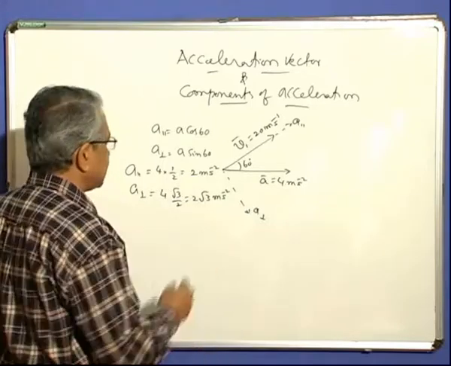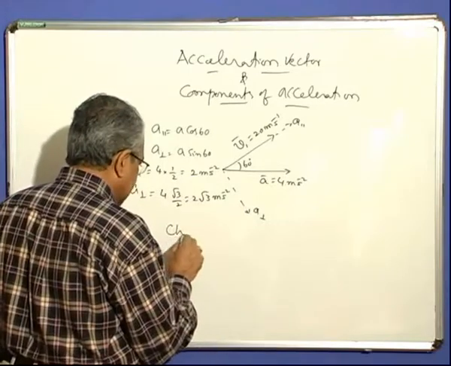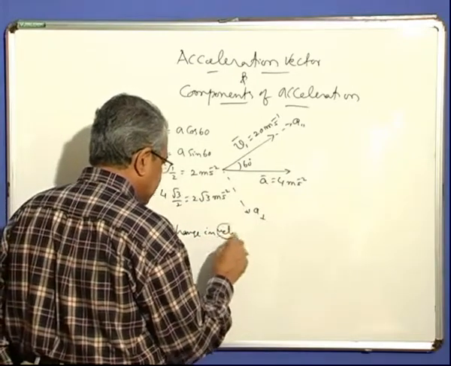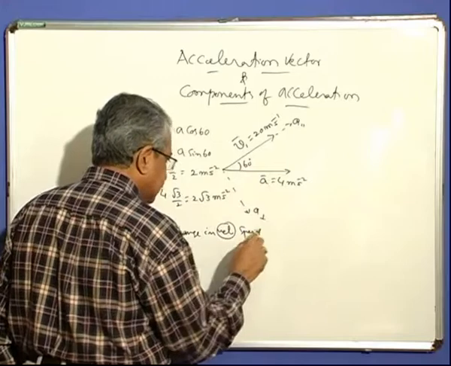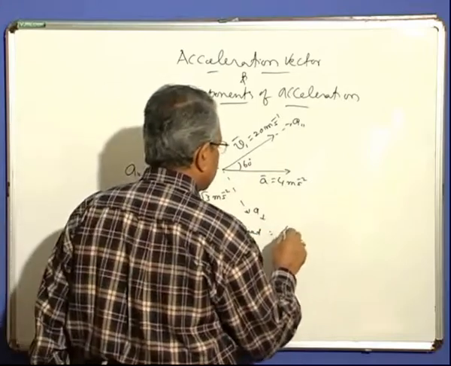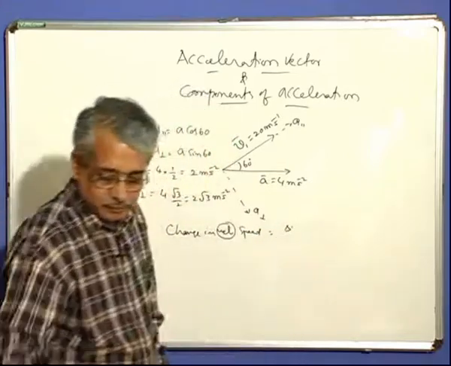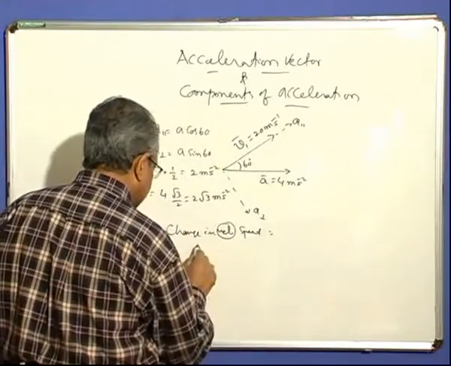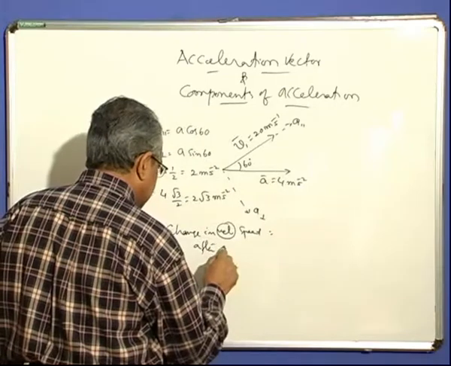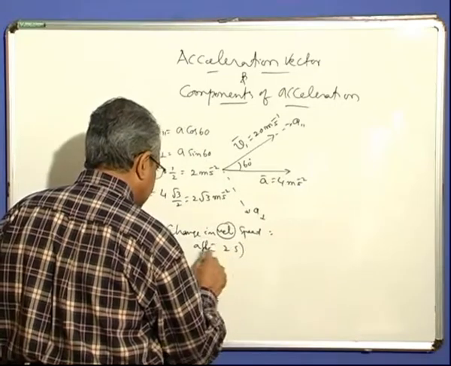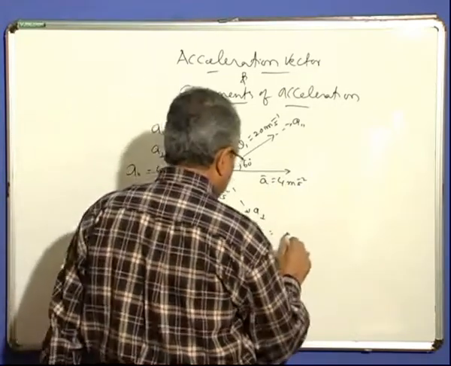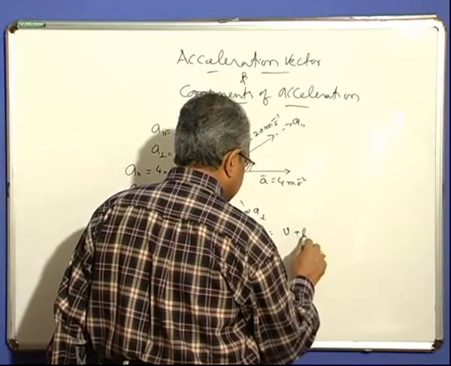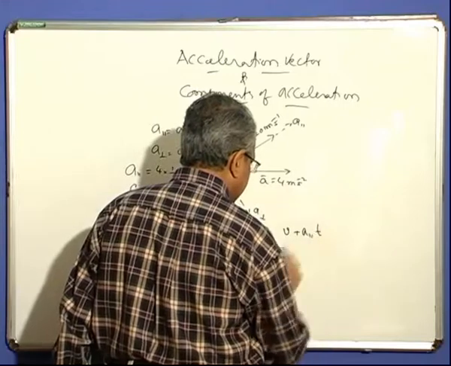So what is the change in magnitude of the velocity now? The change in velocity, that is the change in speed rather, we call it, is given by this value. Suppose after t seconds, after some 2 seconds say, it is initial velocity plus acceleration component into time taken.